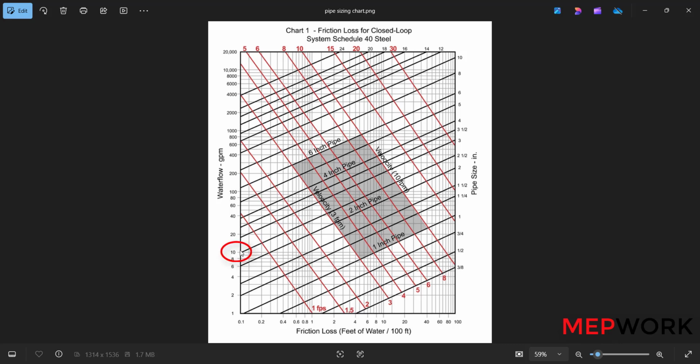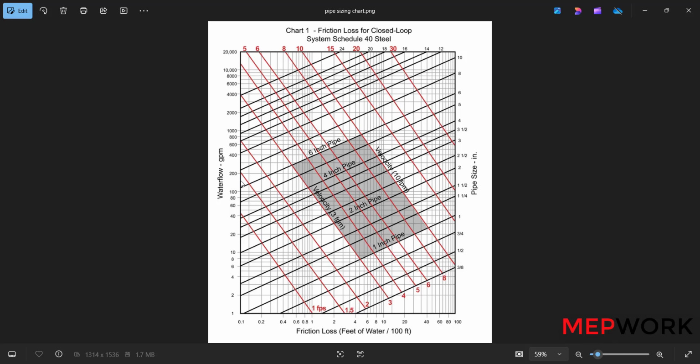Select the pipe size, for example 2 inches. So the 2 inch and the 10 GPM will have an intersection with the red line of 1 foot per second velocity and 0.2 feet of water per 100 feet, and these parameters are accepted.